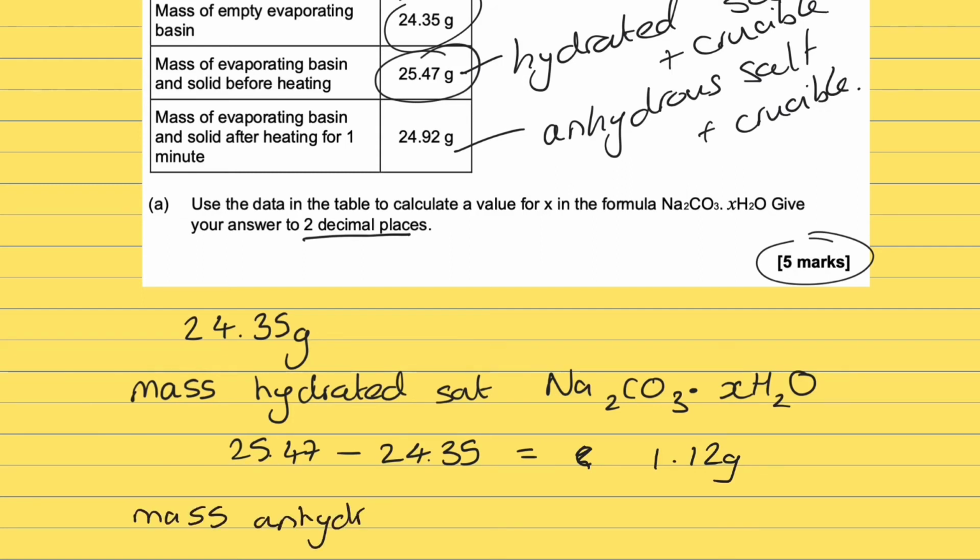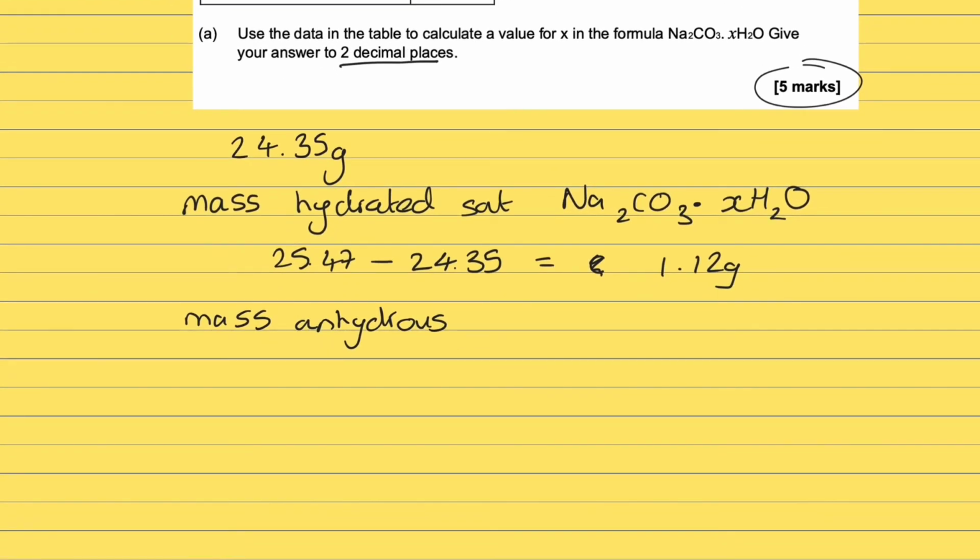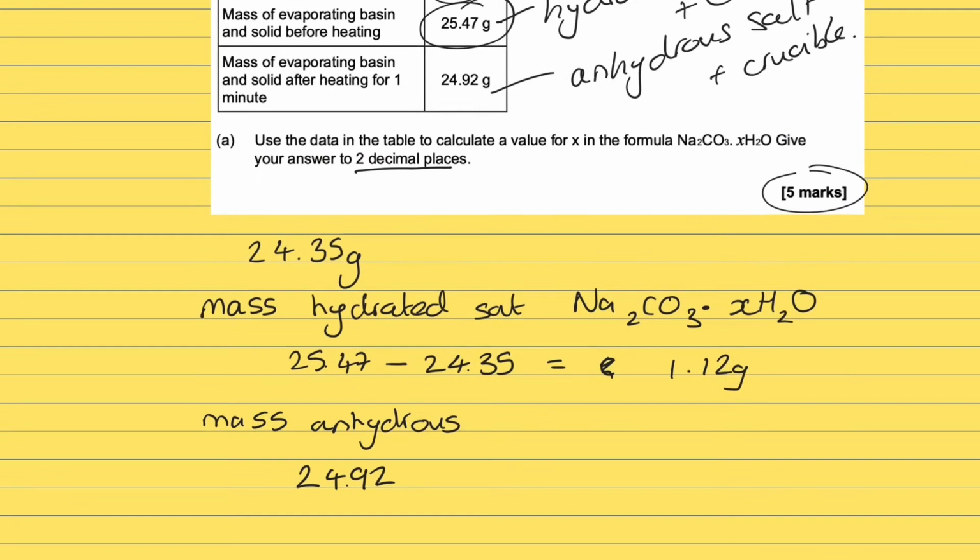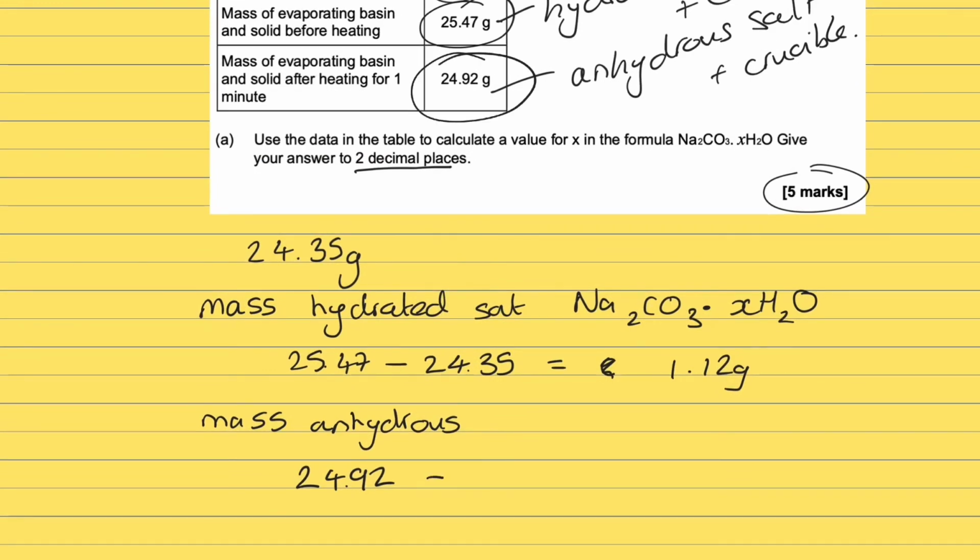Okay, so the next one we can work out is the mass of the anhydrous salt. So this is the mass of the salt after heating. So we still need to take it away from the mass of the crucible. So it's going to be 24.92, which you can just about see here, minus the mass of the crucible, which is 24.35, and that will give us a mass of 0.57 grams.